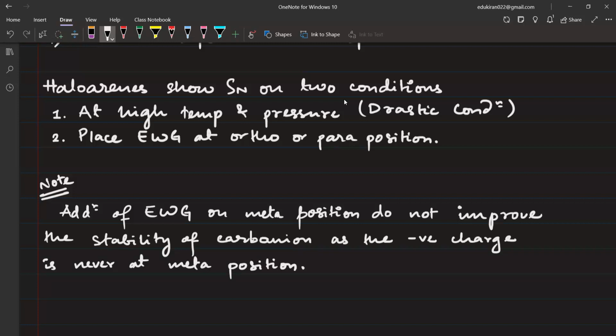Because the meta position is inactive, it does not show anything when the group is at the meta position on the benzene ring.